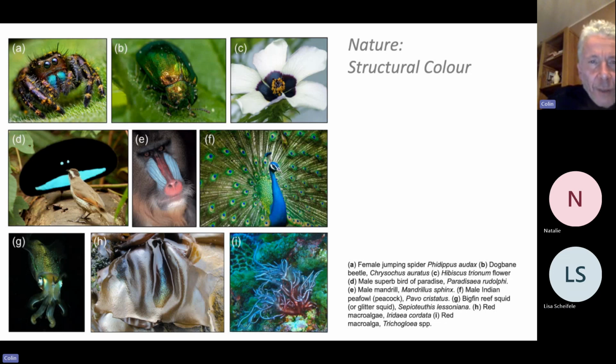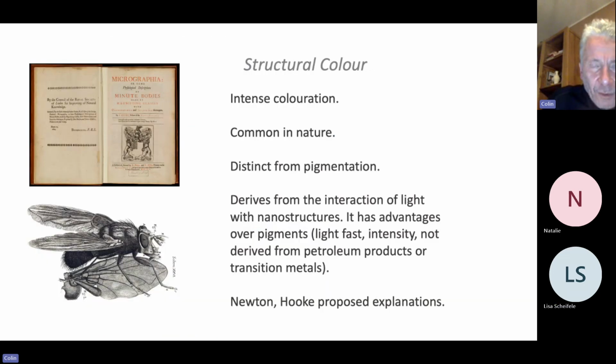But the other point of what I'm showing here is all of these are eukaryotic organisms. They're complex organisms that build all these structures that interact with light. And structural colour is really noticeable. So it's not surprising that people have been working on it since about the 17th century. So Hooke, Newton, people like that all observed it in the peacock, in flies, in other organisms, and wrote about it and tried to work out the mechanisms.